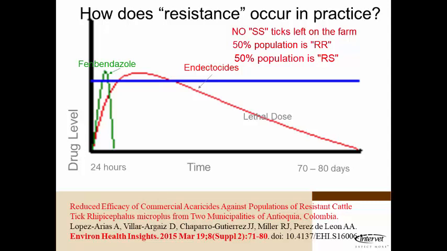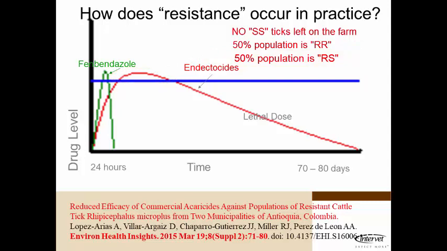So when you apply ivermectin now, the first month in which the concentration is above the blue line, you will notice that the number of ticks killed on the animal is about half of those that should be killed. In other words, the therapeutic efficacy is reduced by half because you can only kill the heterozygous population but not the double R ticks.